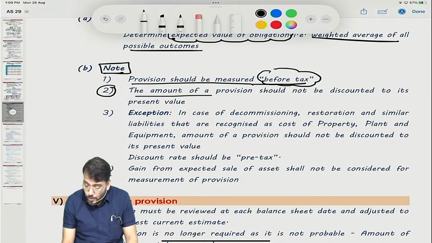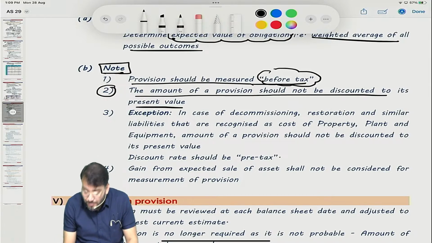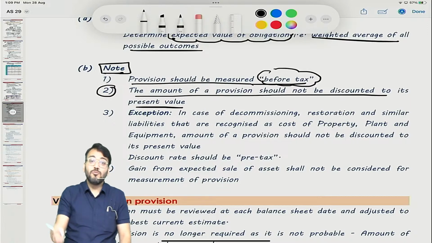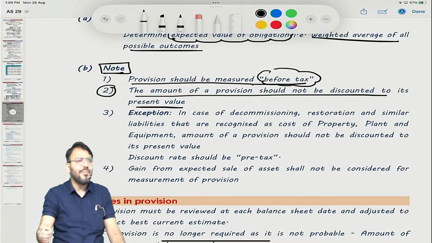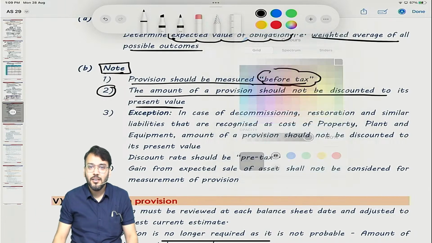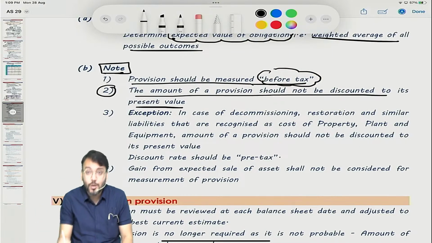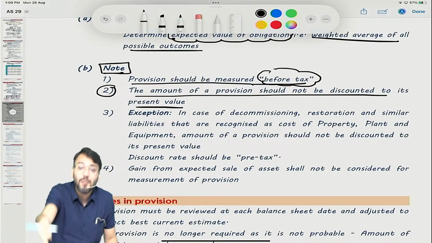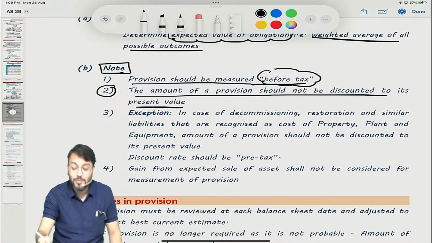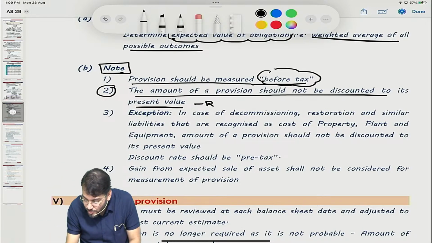The amount of provision should not be discounted to its present value. Means what AS 29 is saying is that recognize the provision at 10 lakh only. It becomes easy now. Means the amount of provision should not be discounted to its present value. Means recognize at future value.